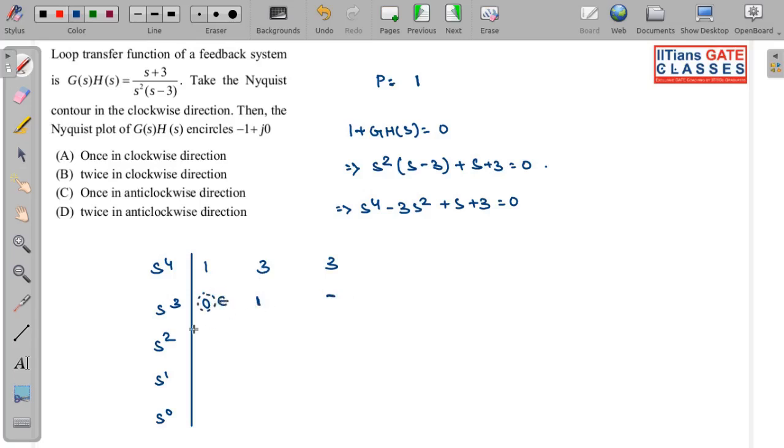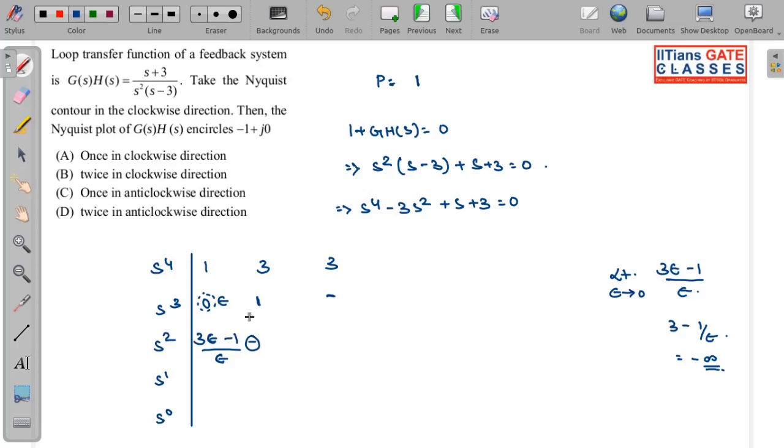So this will be 3 epsilon minus 1 by epsilon over here. If you put the limit epsilon tends to 0, this value will come out to be 3 epsilon minus 1 by epsilon. So divided by epsilon, you will be getting 3 minus 1 by epsilon. So this will be equal to minus infinity over here. So this will be a negative value.